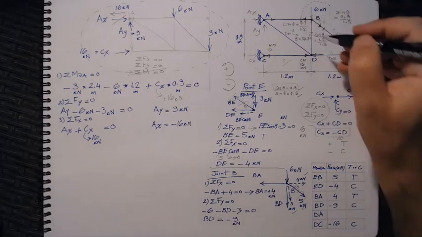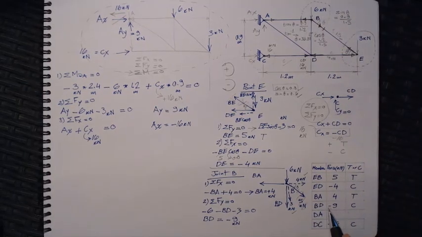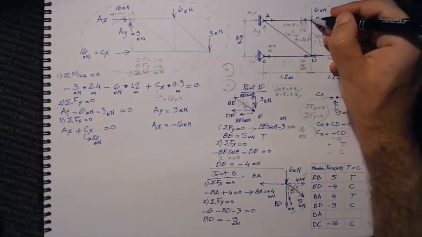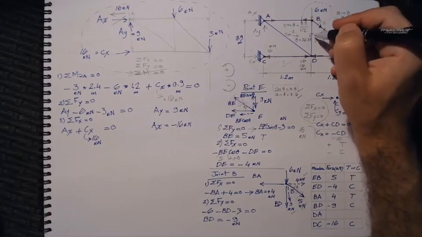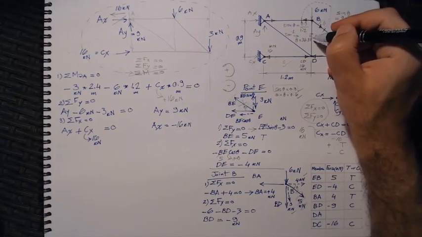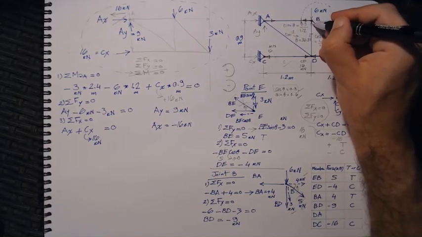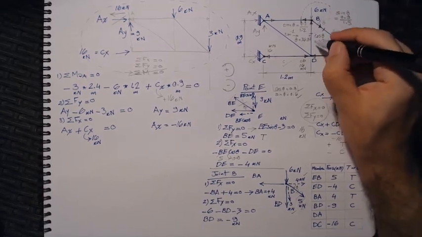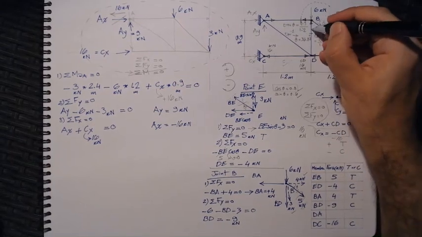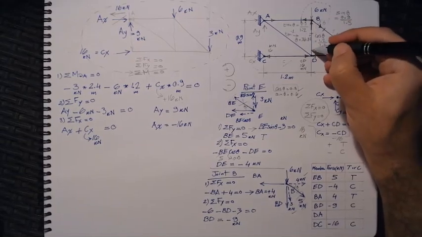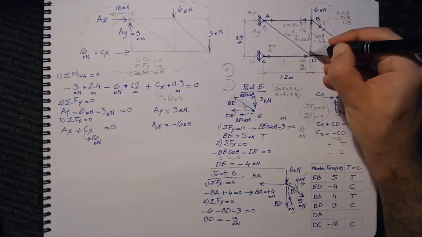Let's consider BD. So BD is negative. So negative is compression. What is the direction of compression on joint B? Is it away from B or is it into B? Compression is into B. So I will just take a compression force into B and before I forget, equal and opposite on the other end of member BD. So that means there's compression on joint D as well.